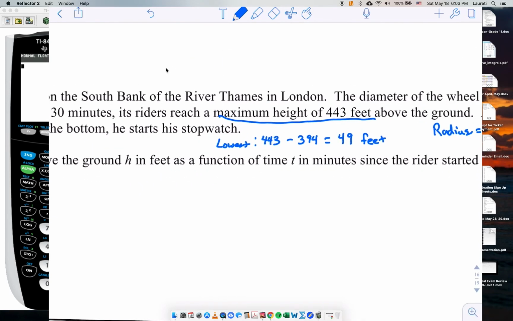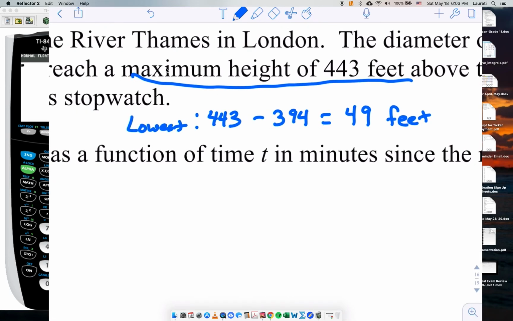All right, now why would I want to figure that out? Well, that's going to help me figure out where my axis goes. Okay, so if I know that my highest is 443 and my lowest is 49, what I can do is add my amplitude to one of those, and that's going to give me my axis.